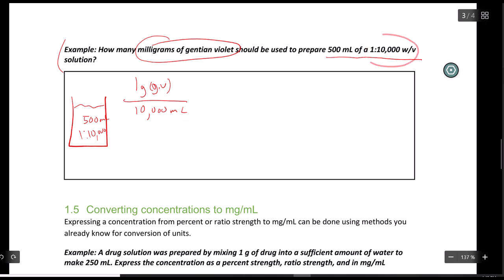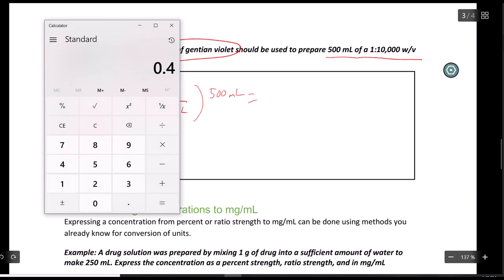It's saying that there's weight to volume, so grams per volume. So if the question said how many grams of gentian violet would you need to prepare 10,000 mLs, your answer would be 1 gram. So you know you're only going to make 500, so it's got to be a heck of a lot less. And that's all we do. 1 gram of gentian violet every time we have 10,000 mLs, but we only want to prepare 500 mLs.